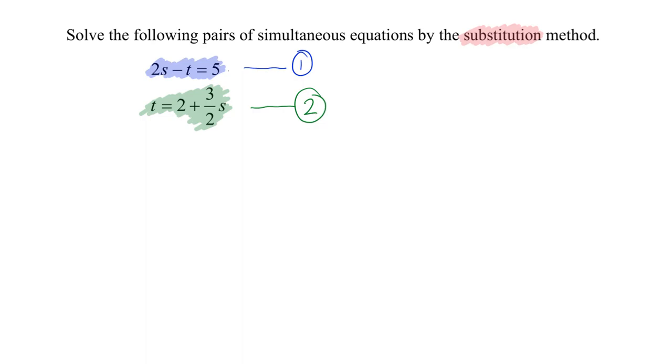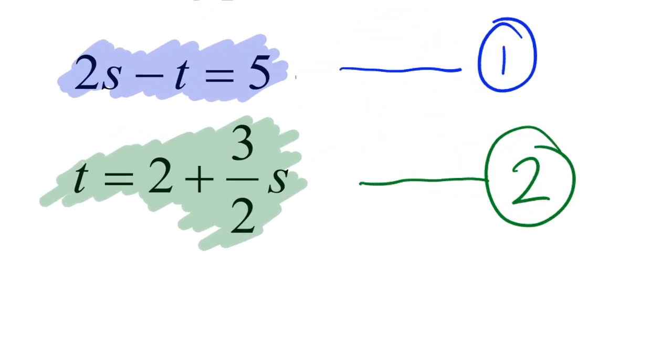And so, looking at this question, whoa, this question is good. Look at equation 2. It already is presented in such a way that helps in the substitution method. t equals 2 plus 3 over 2s.